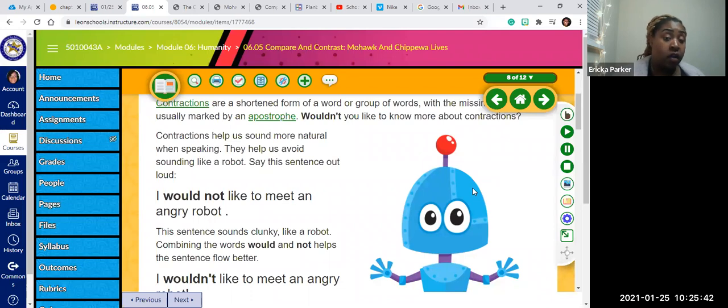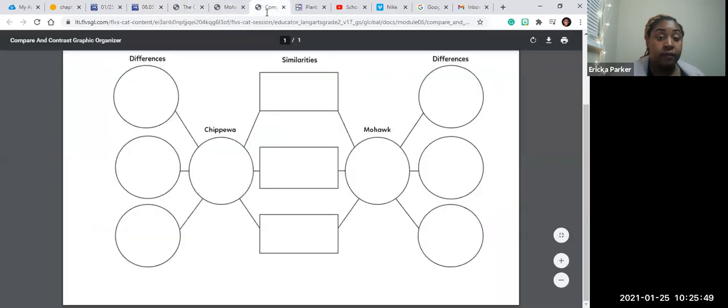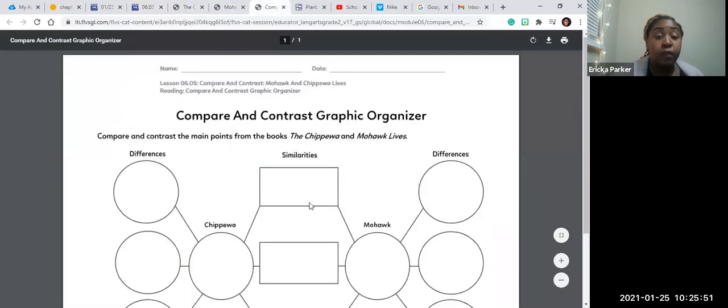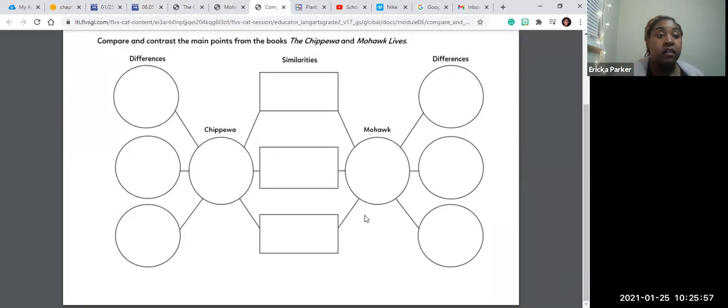Take out your packet and fill out your graphic organizer that looks like this in your packet. It's 6.05. You are going to fill out your similarities and then your differences. On Wednesday, you should be looking at this video again to help you out.